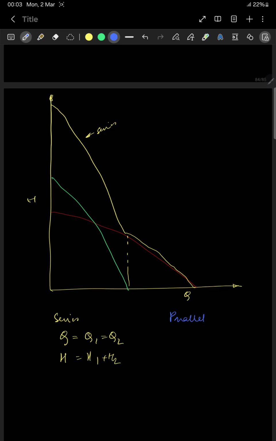And in parallel, we have Q equals Q1 plus Q2 and H equals H1 equals H2. So parallel will look something like this, where the Q is getting added and H, sorry, not this.